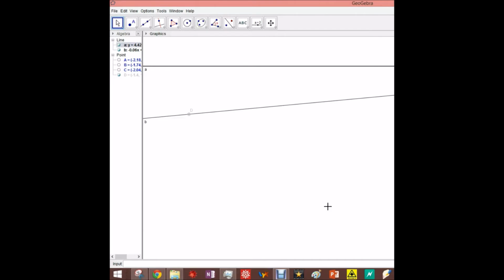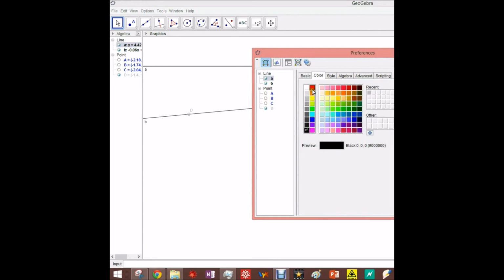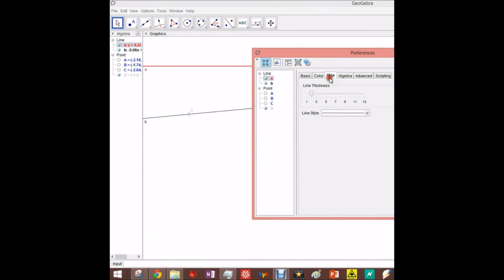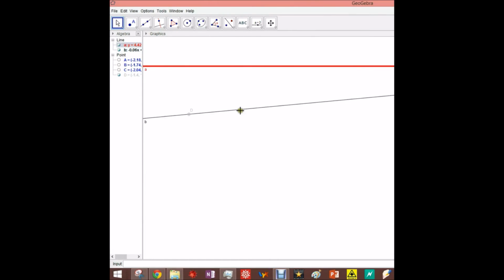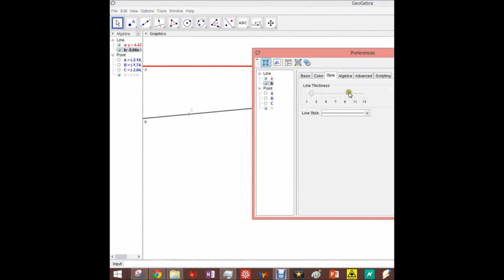So it's easiest for me just to draw this out for you on GeoGebra. Let's have a couple of lines. We'll have this first one, say red, and this second one, let's say blue.